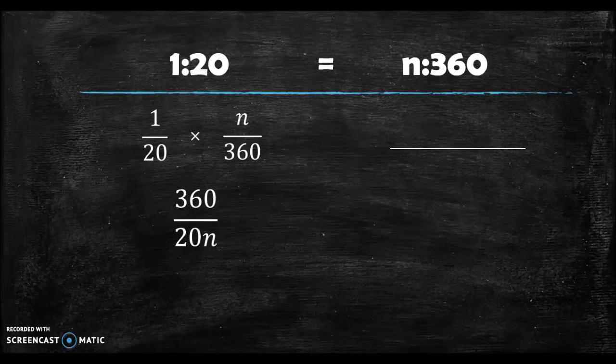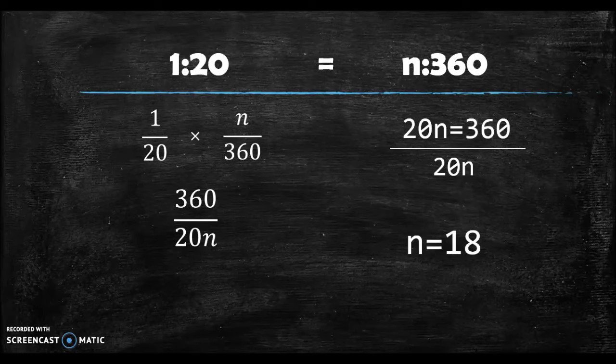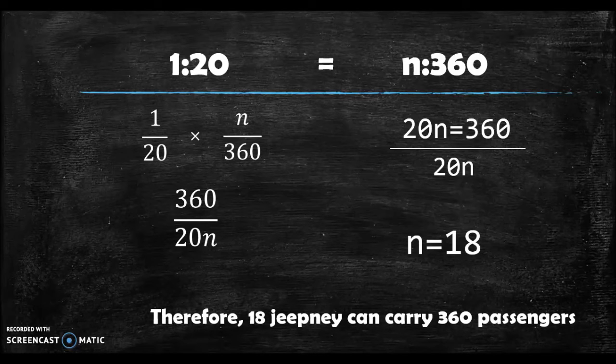Then it will become 360 equals 20n. Now we are going to divide 360 by 20. So 360 divided by 20 is 18. So therefore, 18 jeepneys can carry 360 passengers.